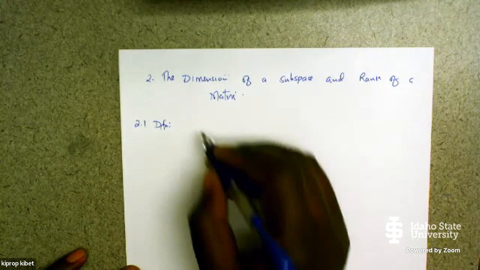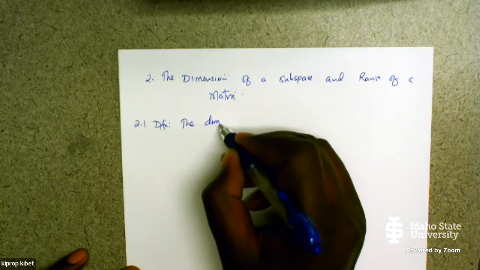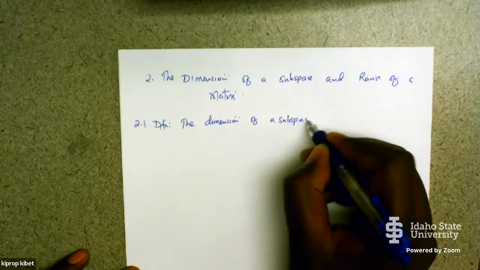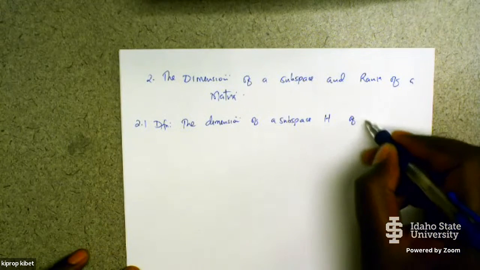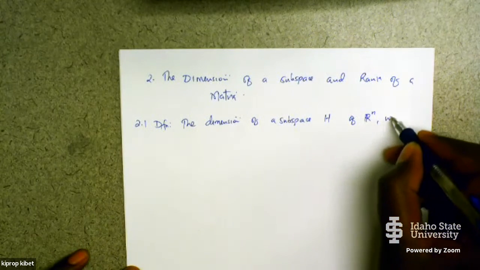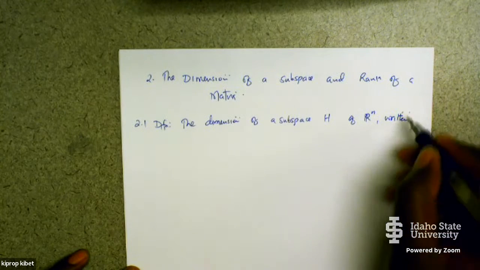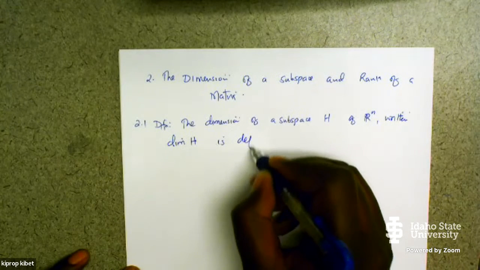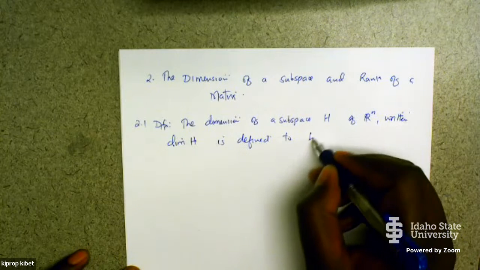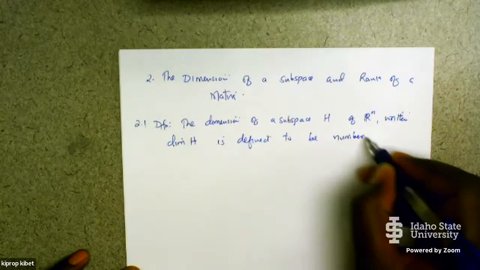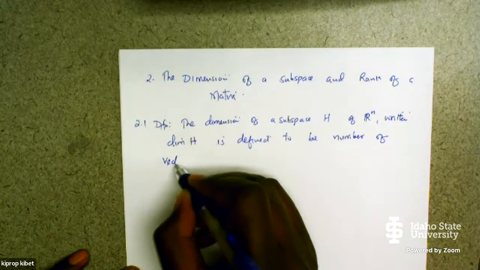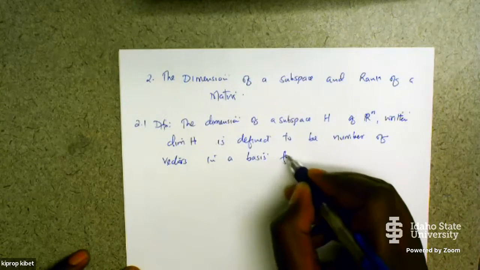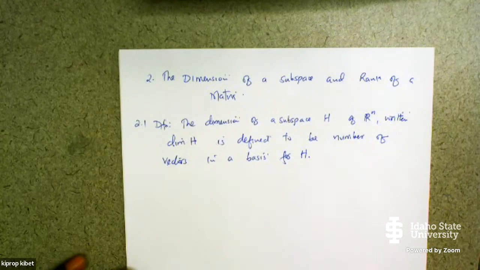What is a dimension? So the dimension of a subspace H of Rn, which we can write as dim of H, is defined to be the number of vectors in a basis for H. It's actually just the number of vectors.